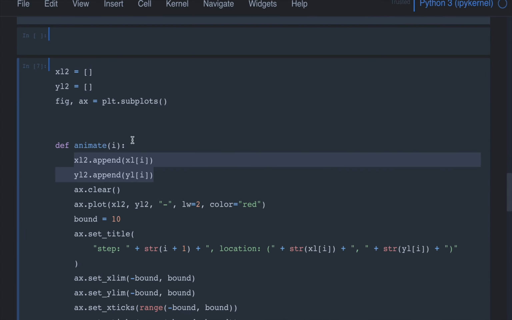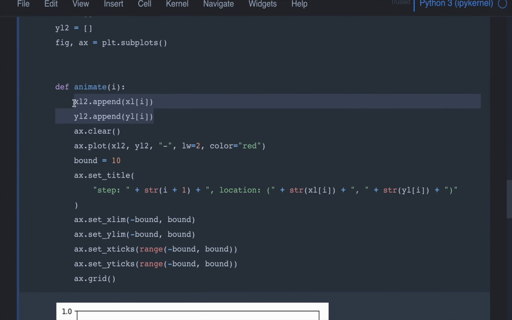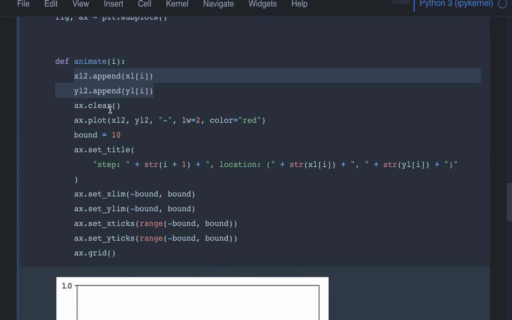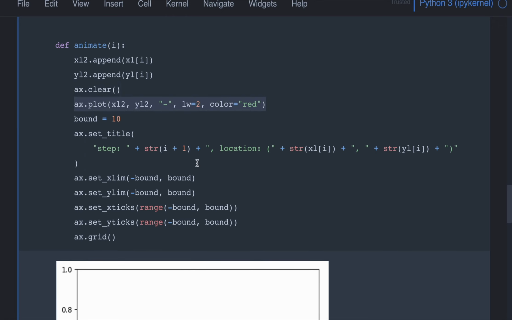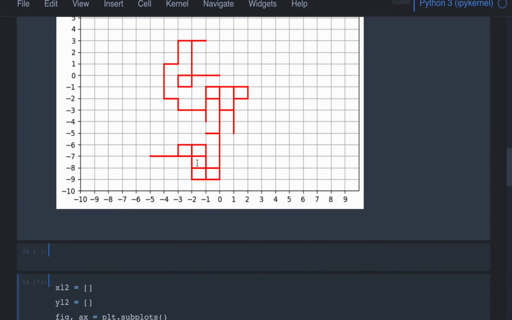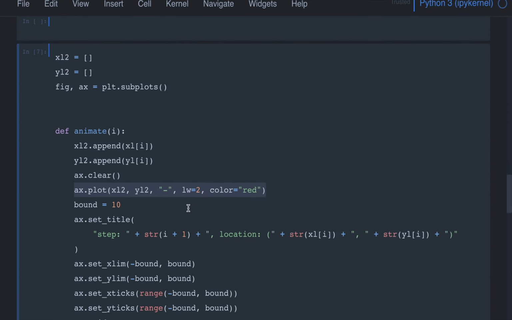So when we call this function, XL2 and YL2 each contain only 2 values, right? Here we are clearing the plot which was plotted previously, and then we are making a plot, right? So when we call this function in this loop, only from here to here, that portion gets plotted, right? And then we again call the function.